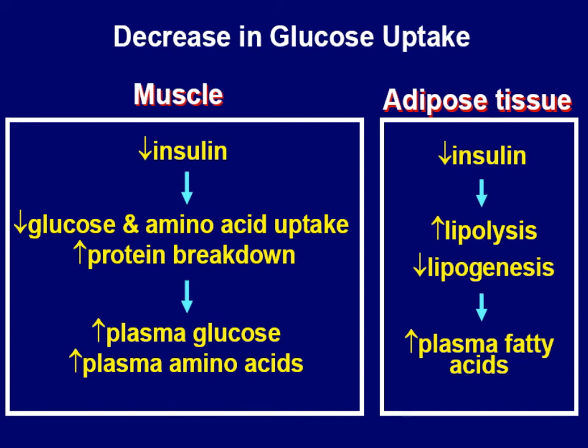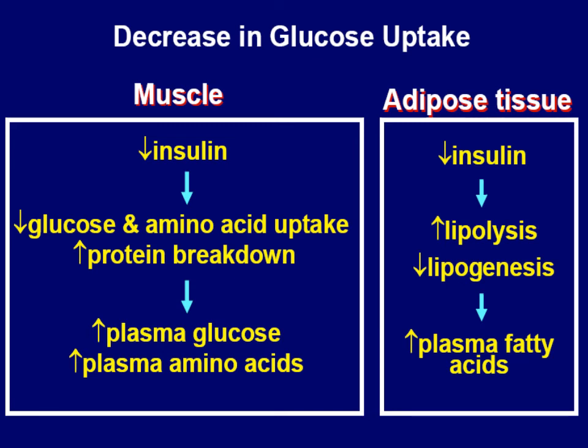As we said, type 2 diabetes is characterized by an increase in plasma level of glucose and decrease in glucose uptake in the tissues such as the muscle and adipose tissue. In the muscle, the decrease in insulin secretion in type 2 diabetes leads to decrease in glucose and amino acid uptake, with an increase in muscle protein breakdown.